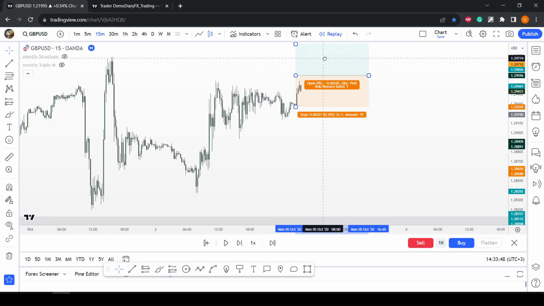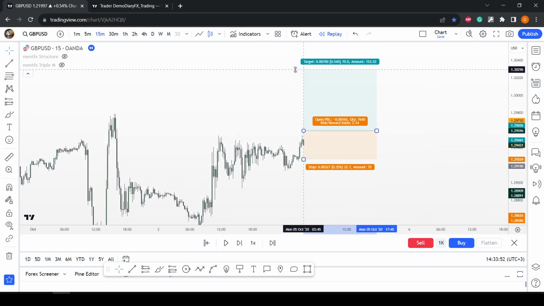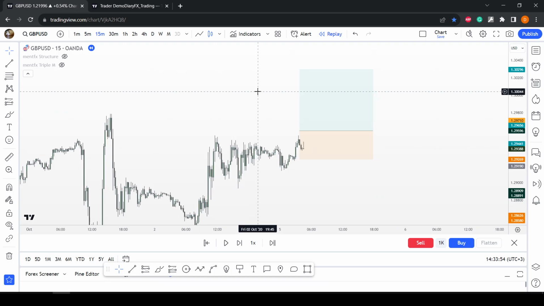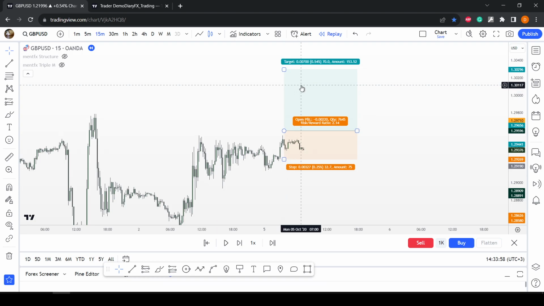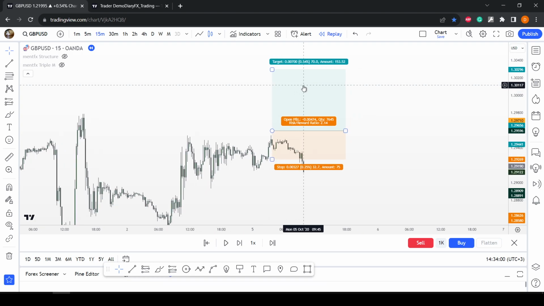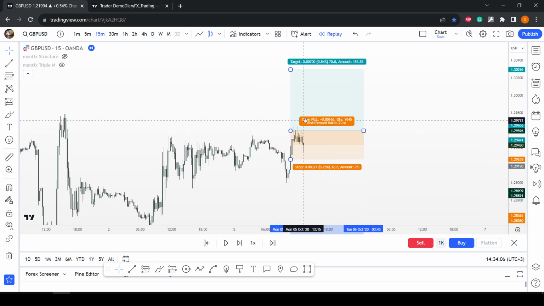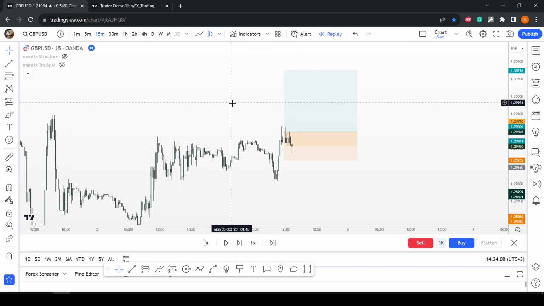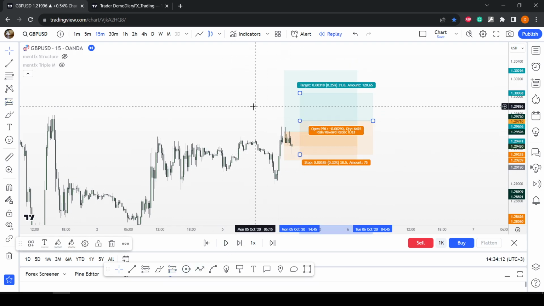Okay, starts to go. Let's wait for a tap. I mean, this will probably be a loser, but then if it will break here, I'm good to go.